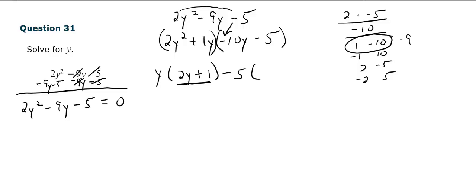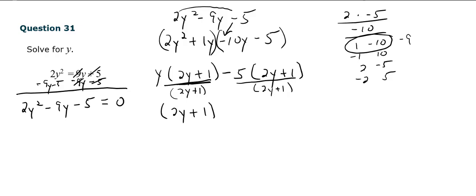So negative 10y divided by negative 5 is positive 2y, and negative 5 divided by negative 5, anything divided by itself, is positive 1. So our greatest common factor is 2y plus 1. And when we divide it out of each term, that would leave us with y minus 5.